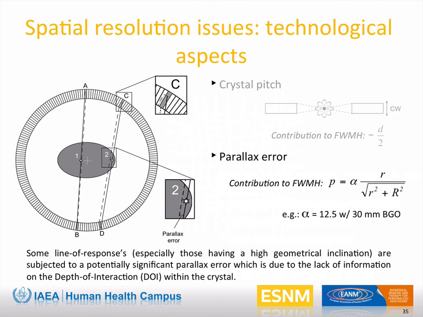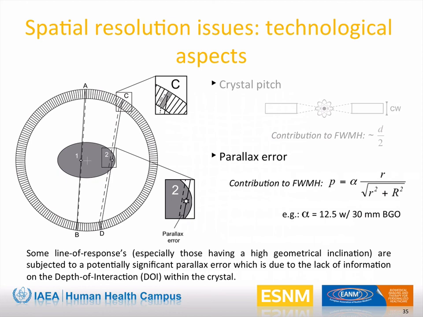The contribution to the spatial resolution along the radial direction can be approximated by the equation shown in this slide, where r is the radial position where the point spread function is derived, capital R is the radius of the PET ring, and alpha is a term that depends on the material and thickness of the scintillating crystal.